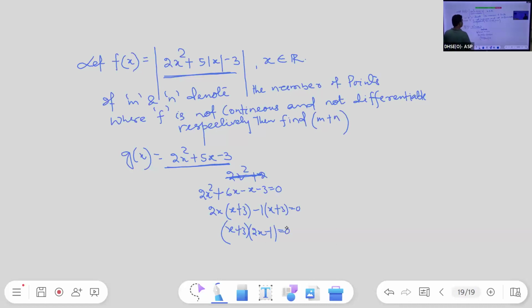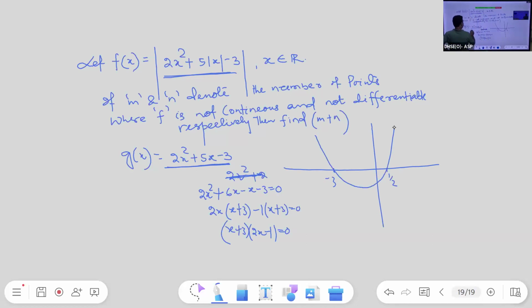Either x is equal to minus 3 or x is equal to half. This is x equal to half. This is x equal to minus 3. The vertex point will be at this position. Structure of the curve will be like this.